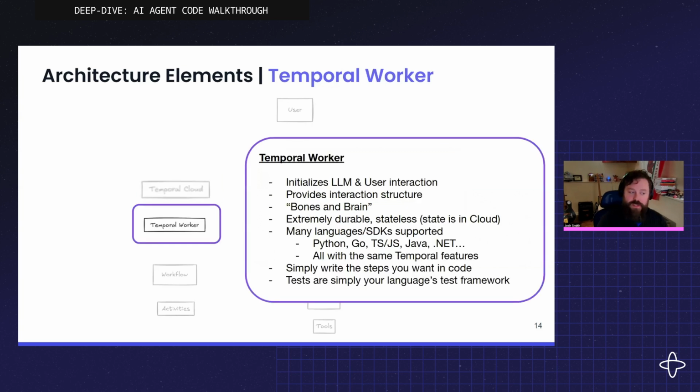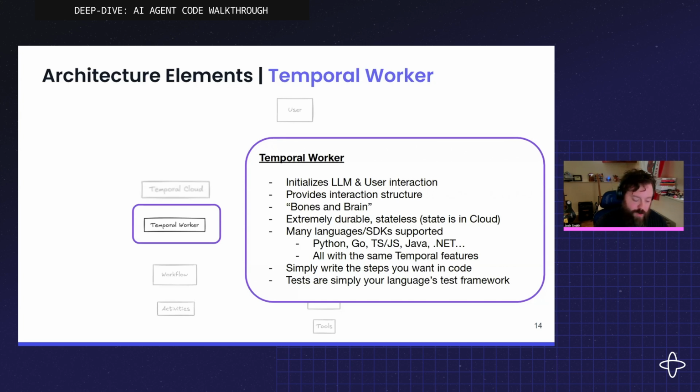In our architecture, we also have Temporal workers running. This worker is running on my laptop. It's going to have all of the code that drives the system, and connects out to the LLM. And that's really nice. It gives structure to the application.